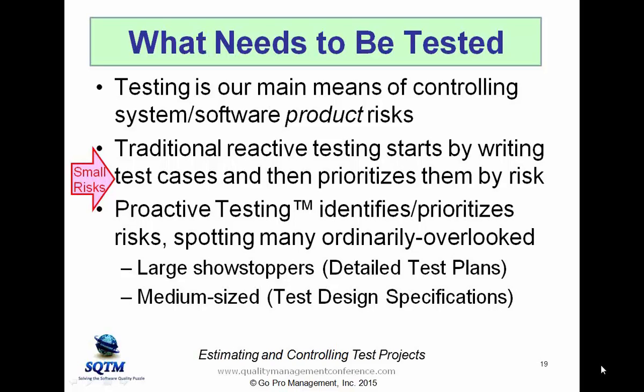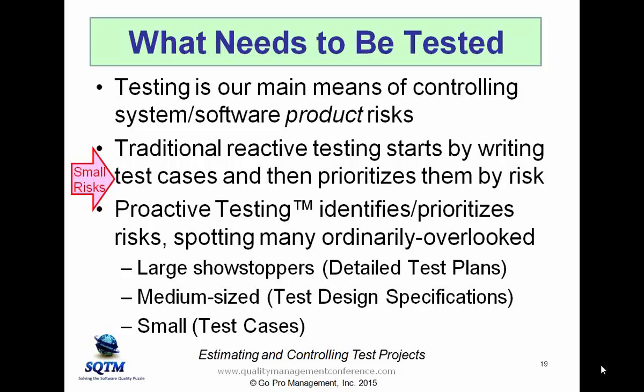And then we analyze and prioritize those, and for the test design specifications that are dealing with the highest risks, then we identify the small risks, the test case size risks, that taken together will help us have confidence that the medium-sized risks work and that, in turn, that the large risks work, or don't come true, shall we say. Those are the test cases.